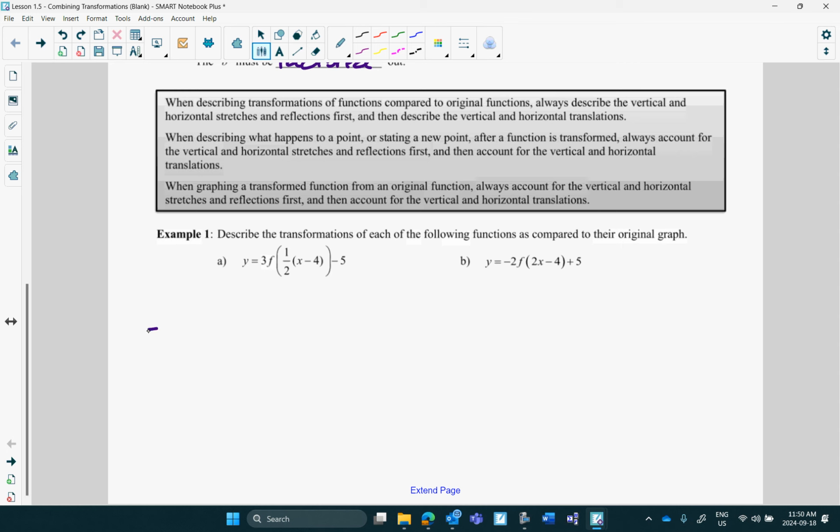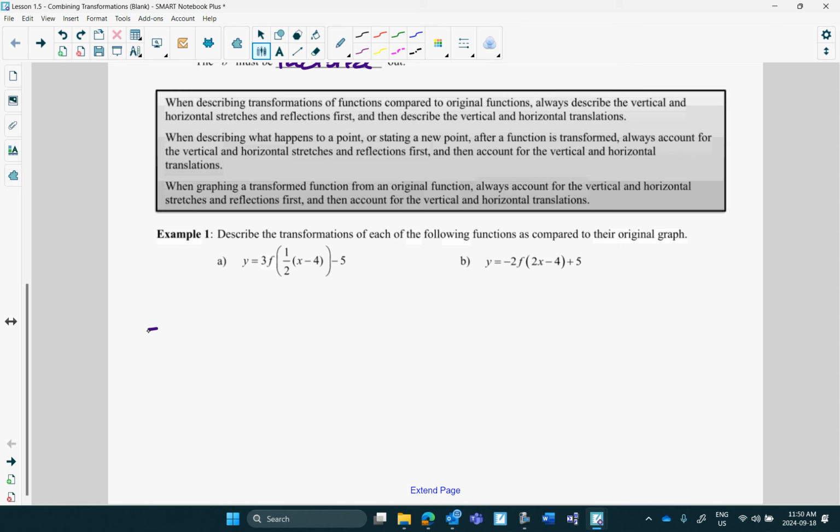Well, let's start with the stretches. Only one type of stretch, or 2 types of stretches? 2, right? Because we've got a number in front of the function being multiplied.